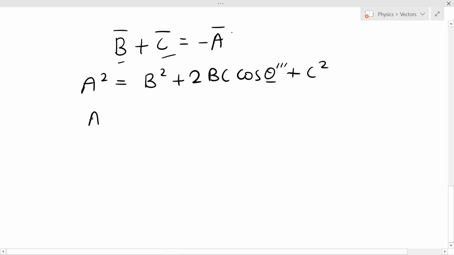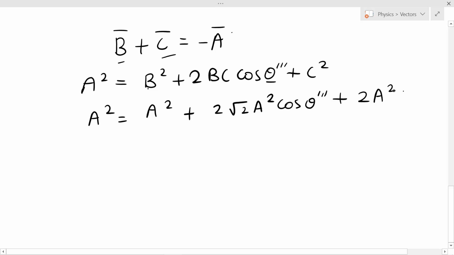So now let's substitute. b is equal to a, and c is square root of 2 times a. So this becomes 2 root 2 a square cos theta triple dash plus c square, which is again 2a square. Now this a square gets cancelled. So this becomes 2 root 2 a square cos theta triple dash plus 2a square is equal to 0. Now let's take 2a square common.